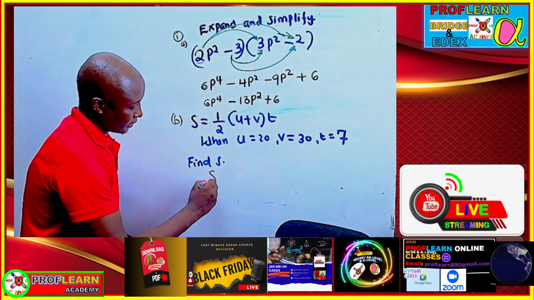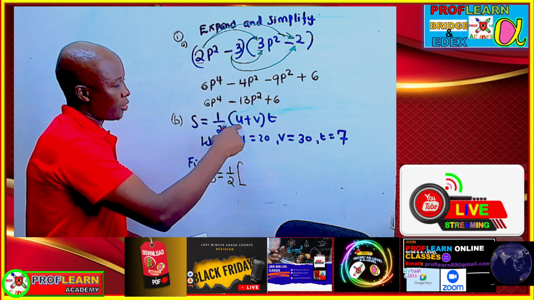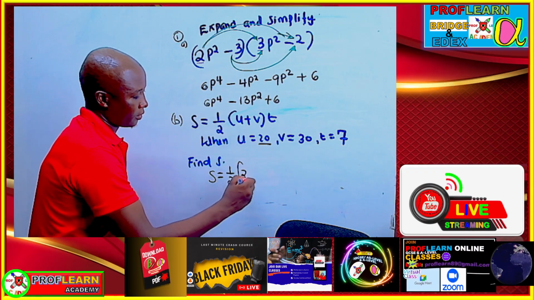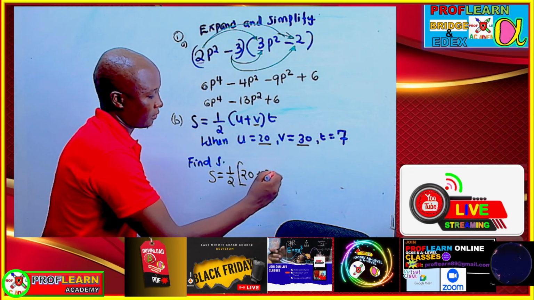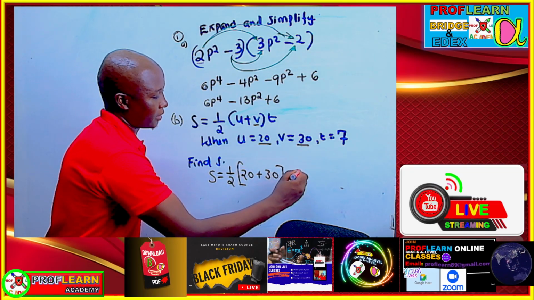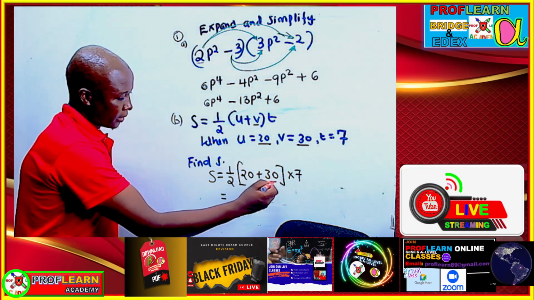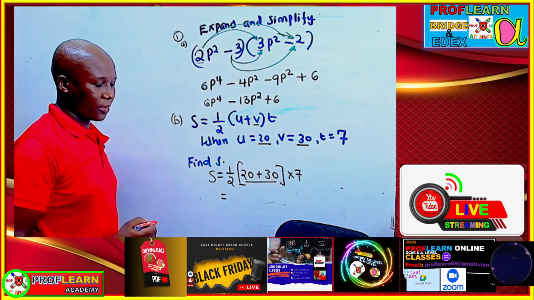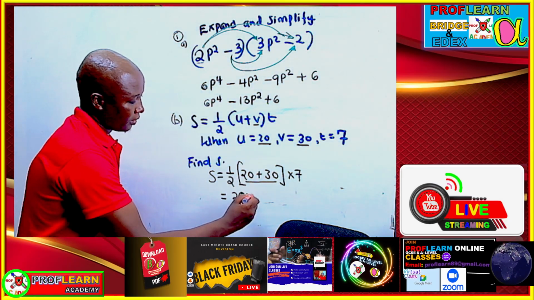So meaning that S is going to be a half into bracket, where you have U, you are going to write 20, plus where you have V, you are going to write 30, then times 7. When you simplify what's inside the bracket, this becomes 50. So this is 50 divided by 2, which will be 25, times 7.